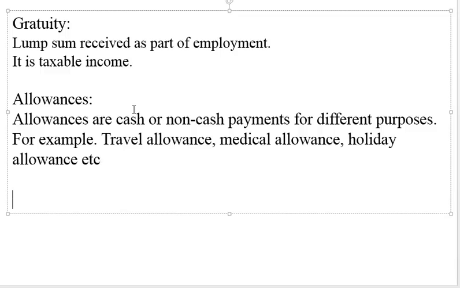Now, allowances are taxable when they are used for private reasons. If I get paid something and I use it for business purposes, then that means I never received it. If I use it for personal purposes, then it will be taxable. For example, I receive a car and the car is always used to pick and drop the employees.